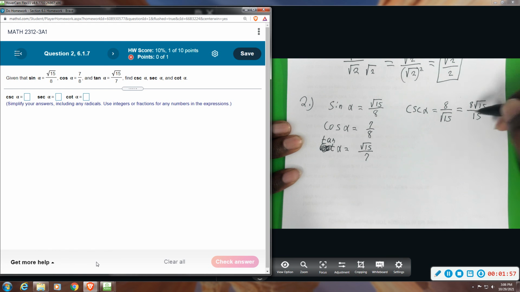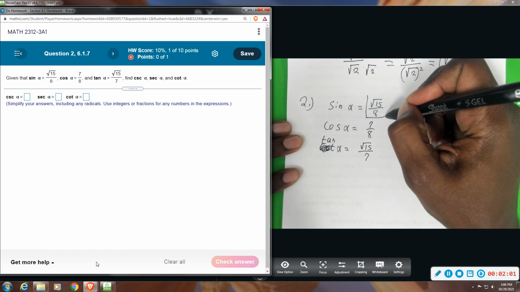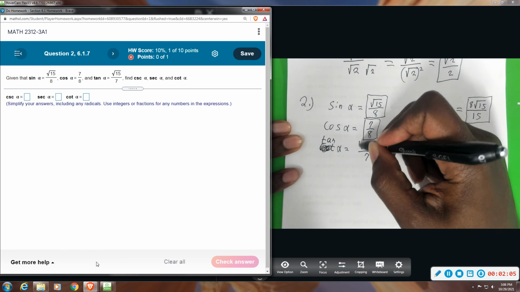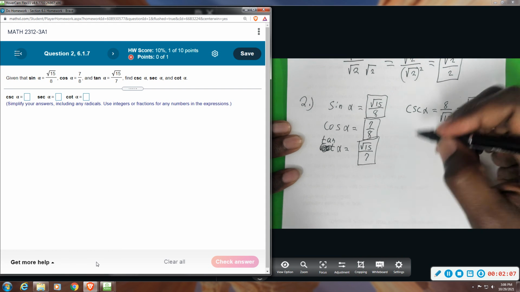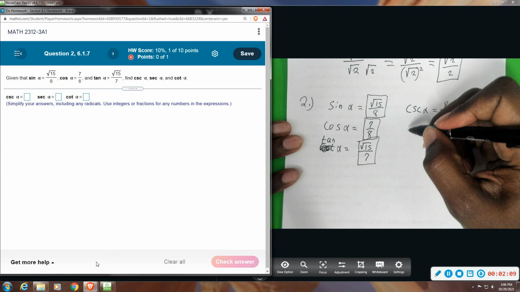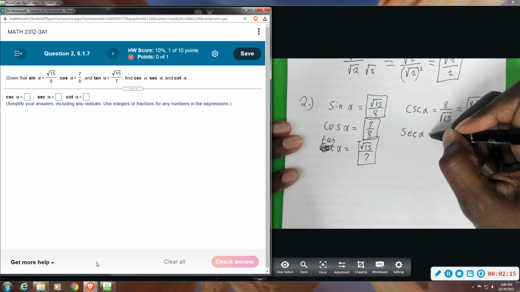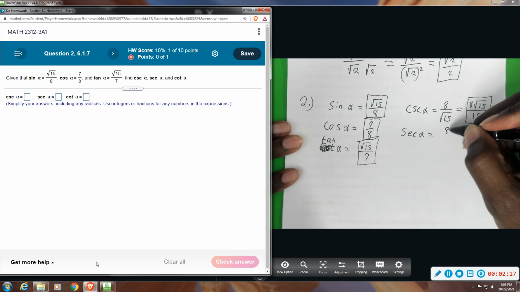That is the long and short of what happens when you rationalize the denominator. So this is fine, no square root on the bottom. These are all given, so you don't have to do anything with those, but I just wrote them down. And then as we do the reciprocal, secant, we'll flip that, that'll be 8 over 7.